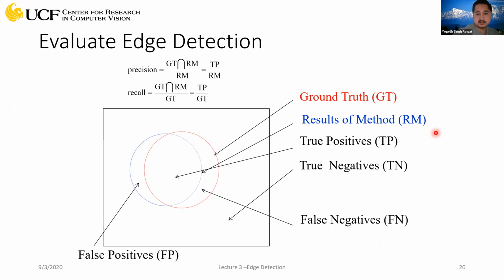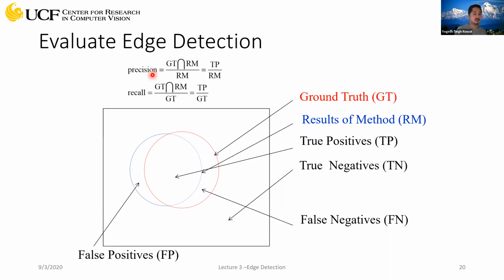So you predicted true positives, this TP. But in fact, the total number of edges that were there, the ground truth, is the red circle. So precision explains whether you are correct in your prediction or not. If you're predicting something, whether that's right or not. But recall is how much of the true pixels you actually predicted.